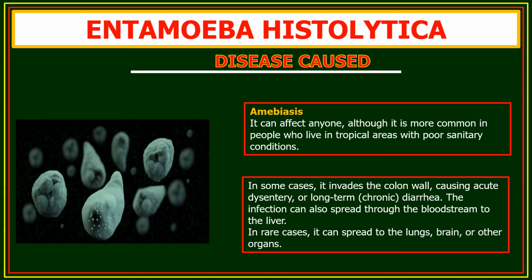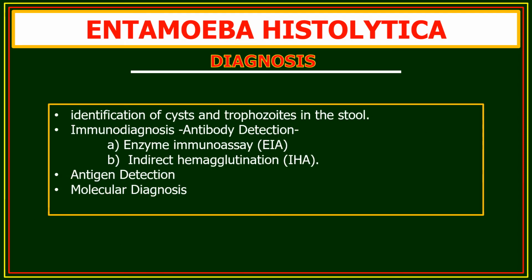Diagnosis of Entamoeba histolytica. The most common is identification of cysts and trophozoites in the stool of a person. Next is immunodiagnosis, antibody detection. Under this is the enzyme immunoassay, which is very useful in patients with extraintestinal disease like amoebic liver abscess, when the organism is not found in stool examination. Another one is indirect hemagglutination.